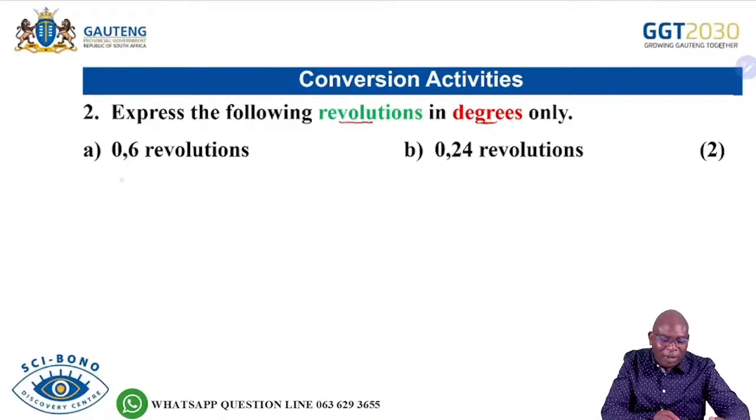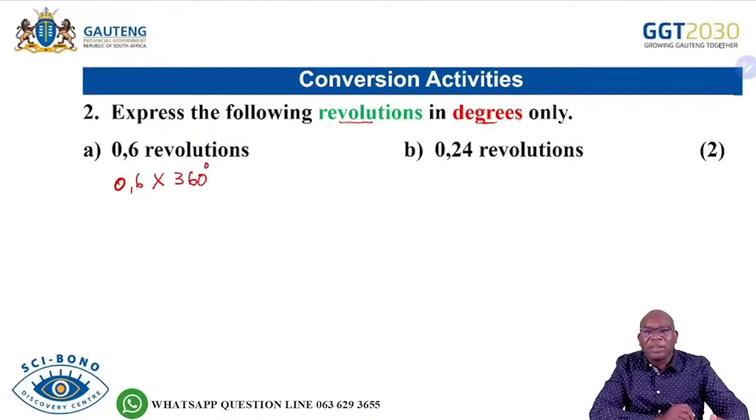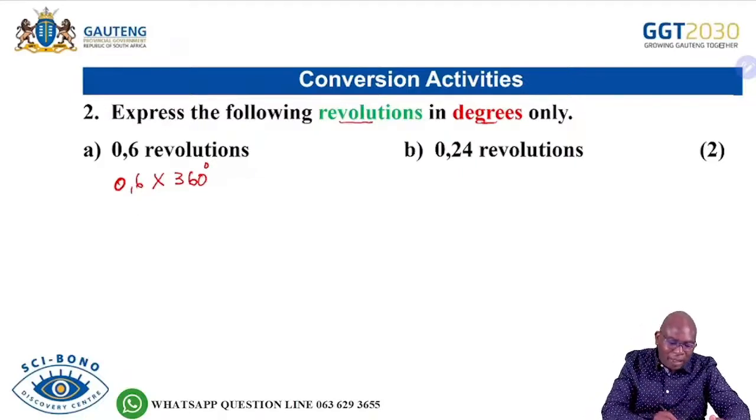So I'm going to have 0.6 multiplied by 360 degrees. So I take the revolutions and multiply them by 360 degrees. If I multiply the revolutions by 360 on this one, I'll get degrees. So I'll get 216 degrees.